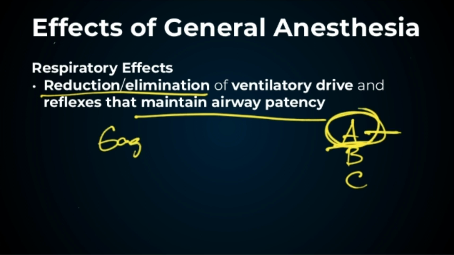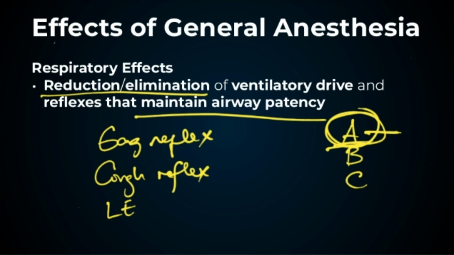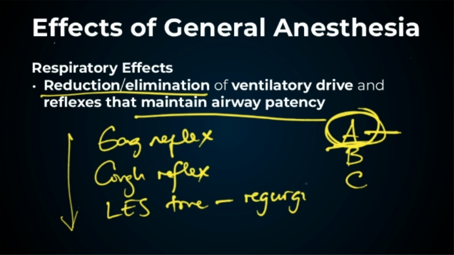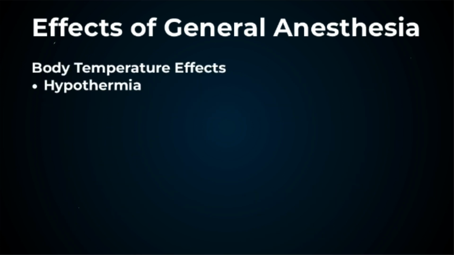The gag reflex is lost, the cough reflex is also affected, and the lower esophageal sphincter tone is also lost. What happens if there is a loss of tone in the lower esophageal sphincter? This increases the risk for regurgitation and aspiration. Actually, all of this will lead to aspiration. That's why it's dangerous.